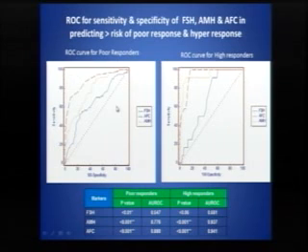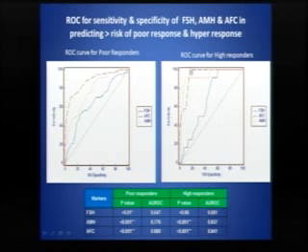When you look at the ROC curves, what we see very clearly is that for poor response, at least in our patients, between the AMH and the AFC, the AFC gave us a better picture, or better significance, than AMH.